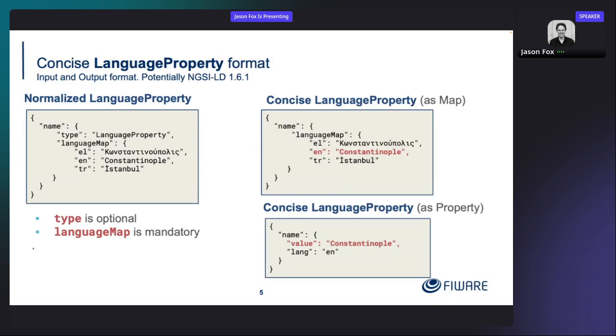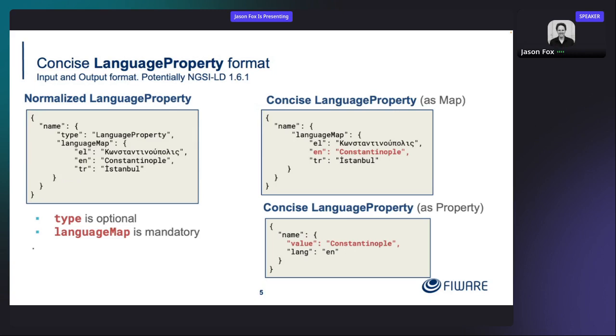In the normalized form, the language map is mandatory when you are pushing the language map as a JSON object. A language map is a specialization of property where on the right hand side you could have a series of key value pairs, and the value of those is a string or strings in a natural language.